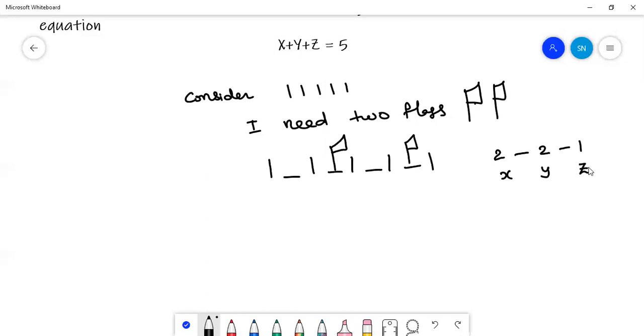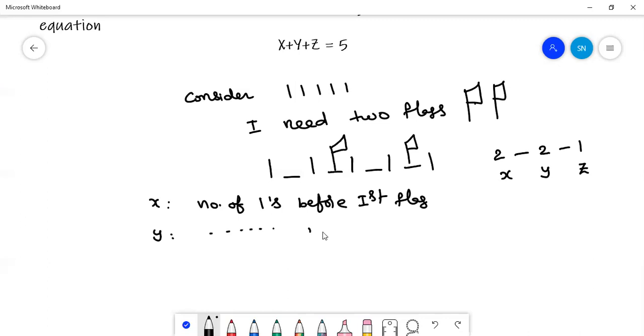Meaning x is nothing but the number of ones to the left side of the first flag, or before the first flag. Y is the number of ones in between the first and second flag.